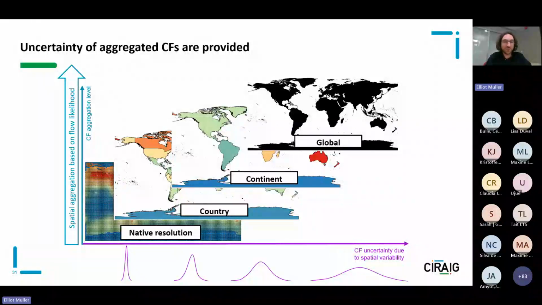Of course, a characterization factor that is valid for the global scale is going to be far from the characterization factor that would have been developed for the native resolution, the very fine regionalization data. So Impact Corpus also provides the values of the uncertainties on the characterization factors, the uncertainty that is due to that spatial aggregation.